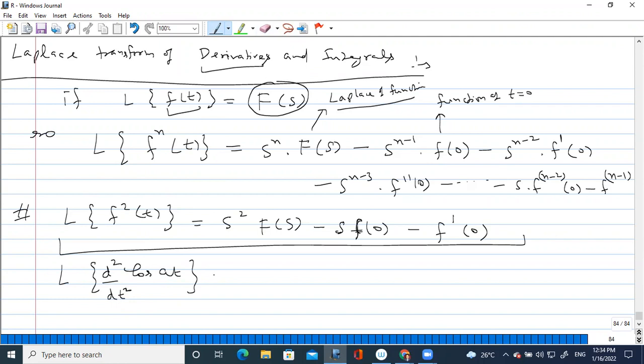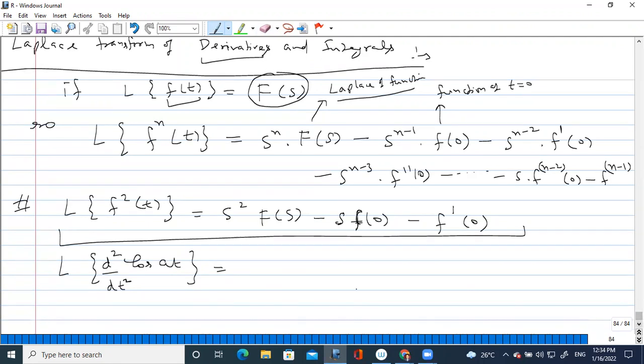Now tell me, can you get the answer? See, Laplace of f(t) I have to find first. Here Laplace of cos at will be s divided by s square plus a square.